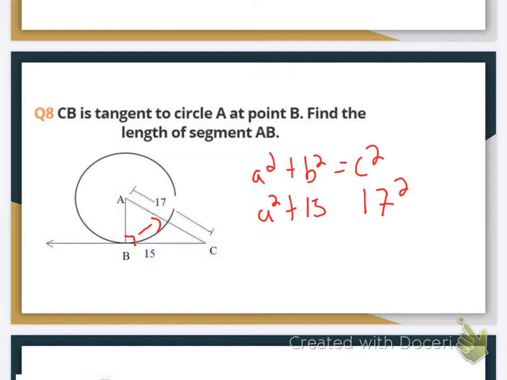You can put this one as 15 squared. We can now substitute in values that we know. Let me do some math. I know 15 squared is going to be 225. I have that one memorized. But I do not have 17 squared memorized. Okay, 289.